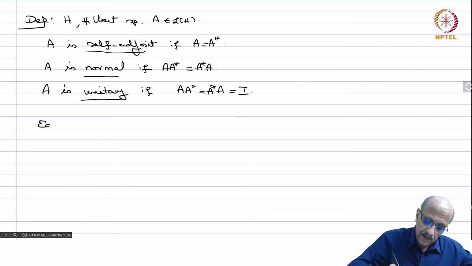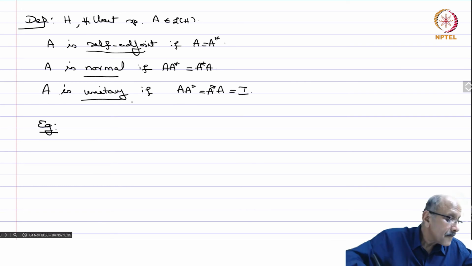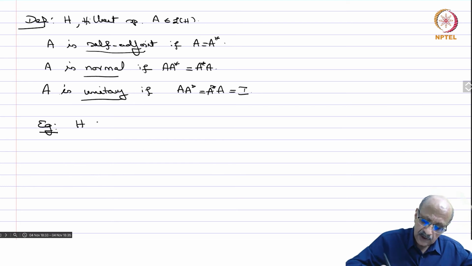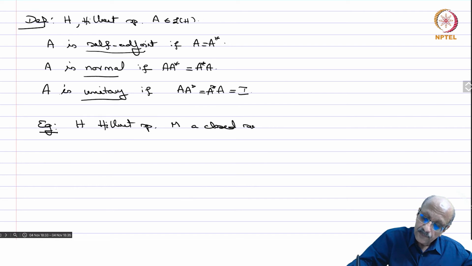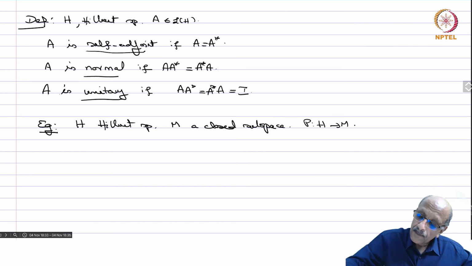Now example. H Hilbert, M a closed subspace, and P from H to M is the orthogonal projection.